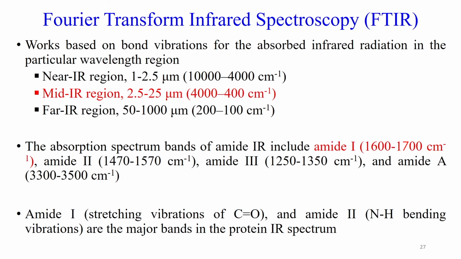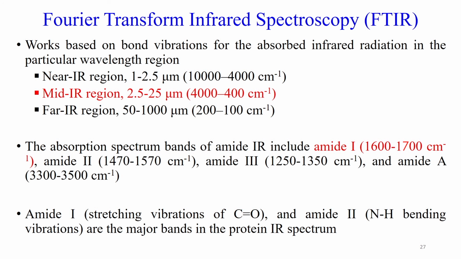In case of FTIR, as the name suggests, we are passing IR light, and the IR signal is Fourier transformed to get the absorbance signal. This is the basic principle of FTIR.